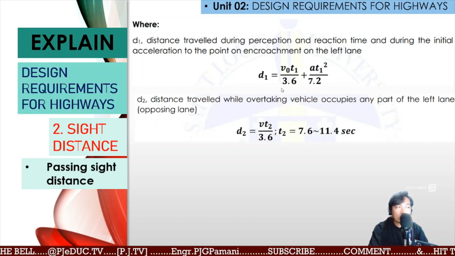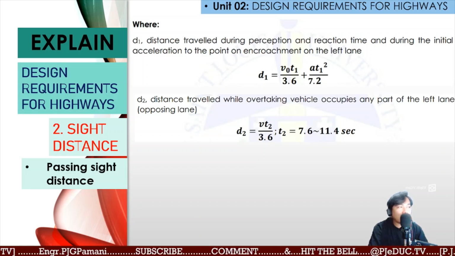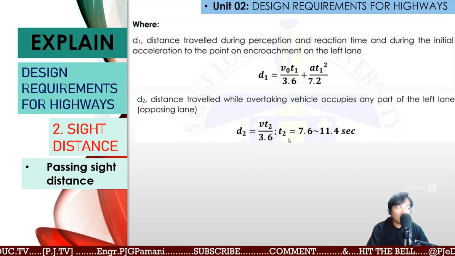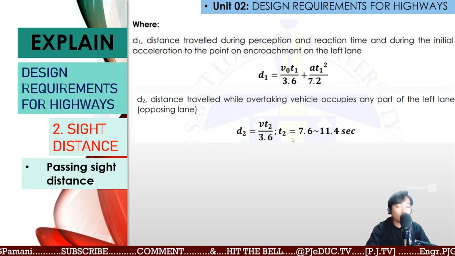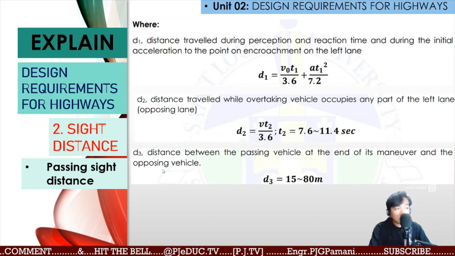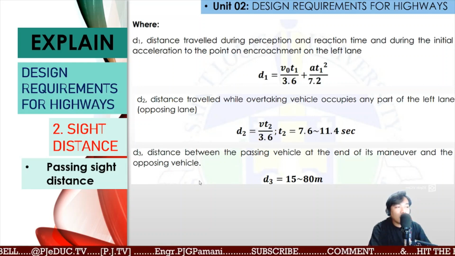Then, D2 is the distance traveled while overtaking vehicle occupies any part of the left lane, opposing lane, as shown in the figure kanina. D2 is your initial velocity, yung overtaken vehicle, times T2 over 3.6, where T2 can then be specified between 7.6 to 11.4 second reaction time. Then D3 is the distance between the passing vehicle at the end of the maneuver and the opposing vehicle.